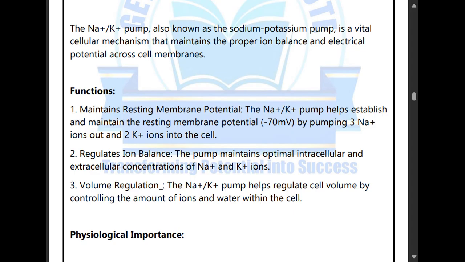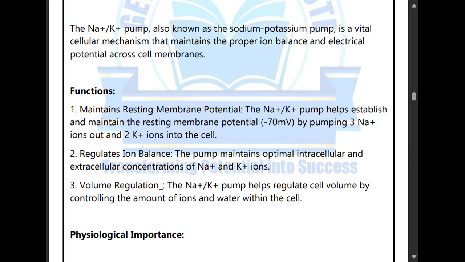Number one: remember when we talked about resting membrane potential, we said that it is usually maintained in the range of somewhere between negative 70 millivolts and negative 90 millivolts. But the resting membrane potential of neurons is negative 70 millivolts. Now, the question was how does the resting membrane potential stay in the normal range?